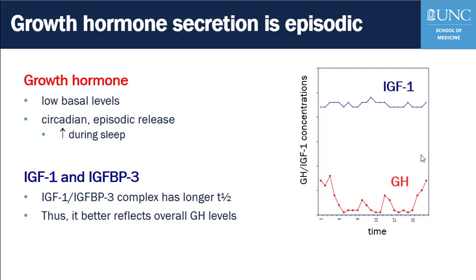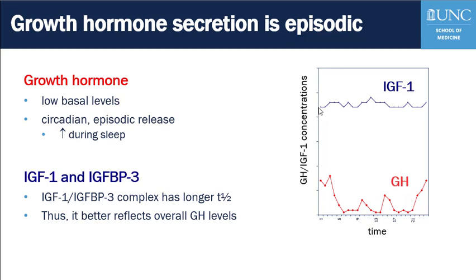And so there's a graph here on the right to demonstrate that, where growth hormone is represented by the red line, and on a basal or regular basis, growth hormone levels tend to be low, and they can be released far more in conditions such as sleep.